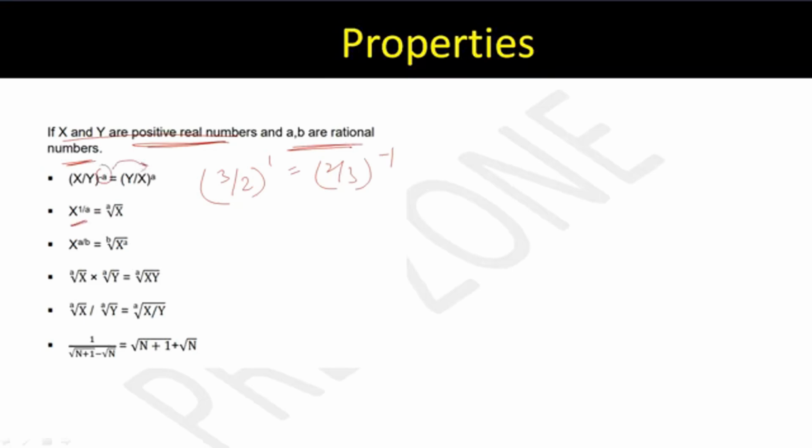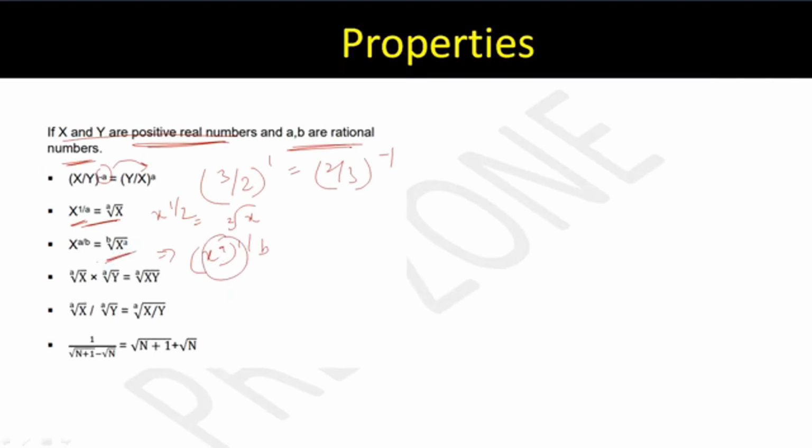X to the power 1 by a is the same as the ath root of x, right? This is the representation. X to the power half is root x. By default, root is 2. X to the power 1 by b is x to the power a to the power 1 by b. So 1 by b is the bth root of x to the power a. And this is the expression.